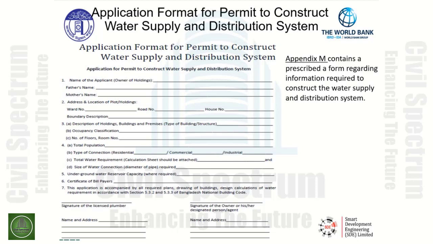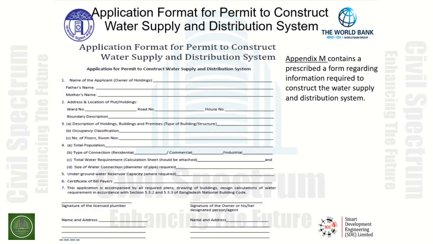So there is a clear-cut understanding of exactly where the construction of the water supply and or distribution system is being installed. Item 3, the description of holdings, buildings and premises, type of building and structure.